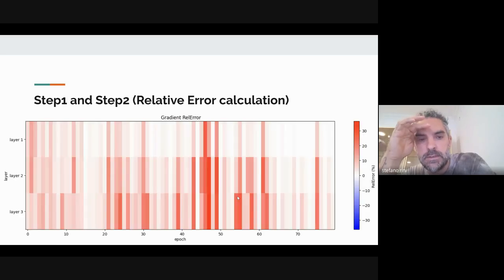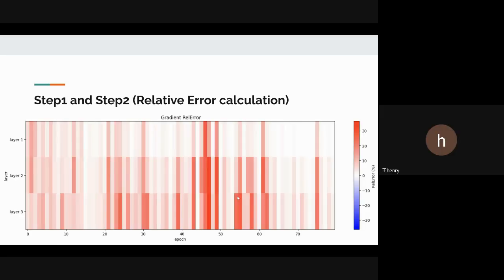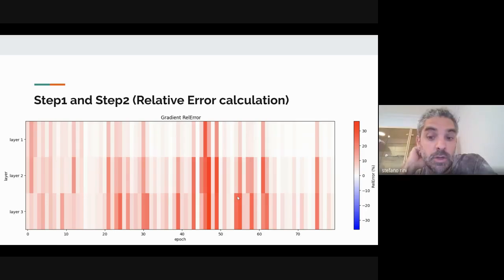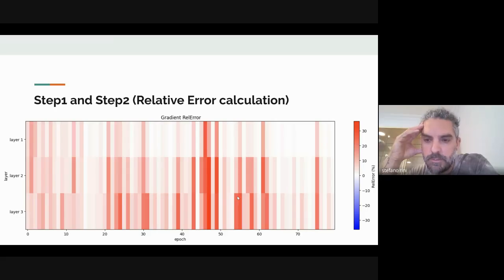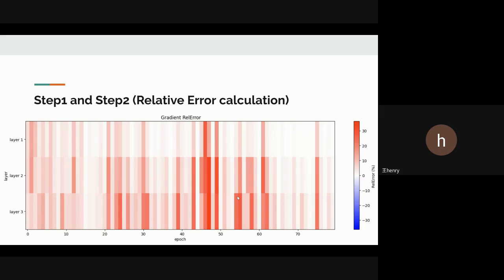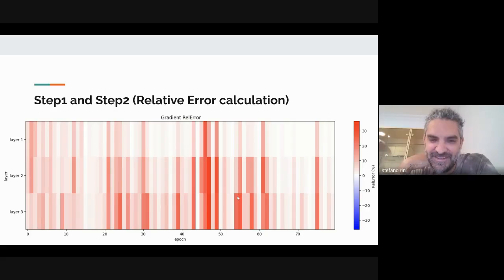Let's see what happens. Okay, then this is the heat map of the relative error values we calculated. So this is the relative error between the NumPy and the PyTorch? Yes, between the two versions of models. But you have a 30% error? In the middle of the training stages, yes. So there is something wrong, right?